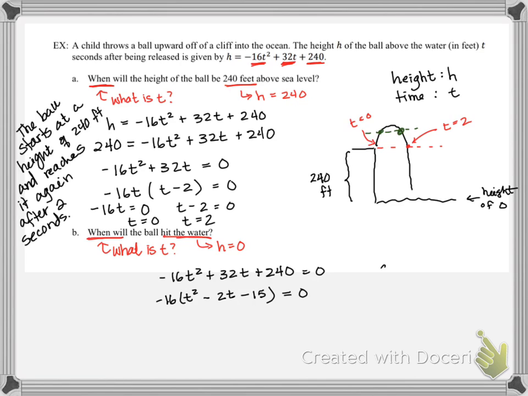So then AC equals negative 15. Oh, no, it's not going to be 4, it's going to be 5. And B equals negative 2. So my numbers are negative 5 and 3.